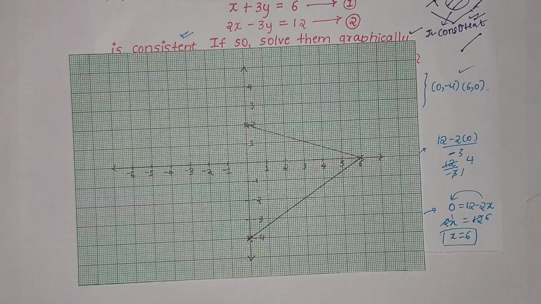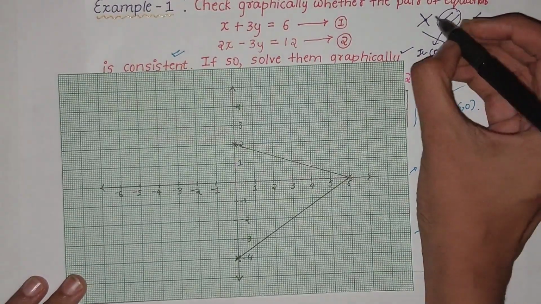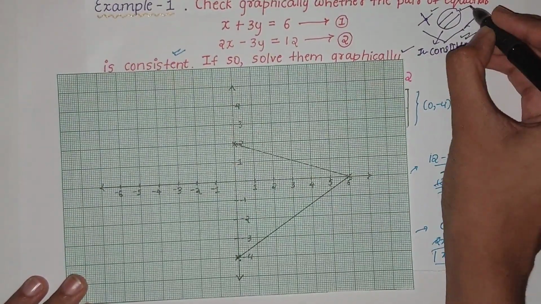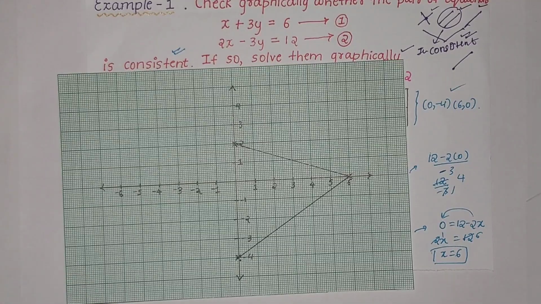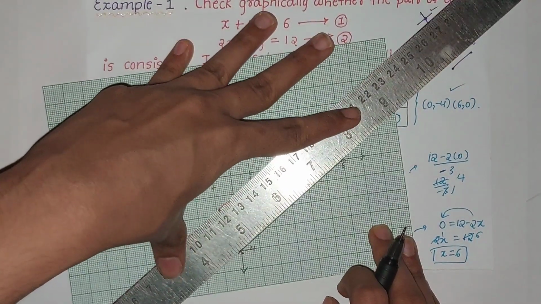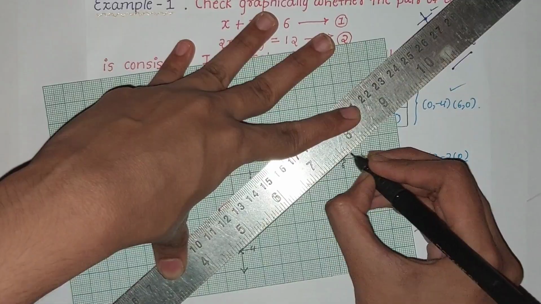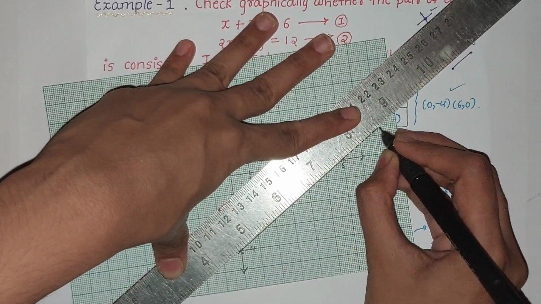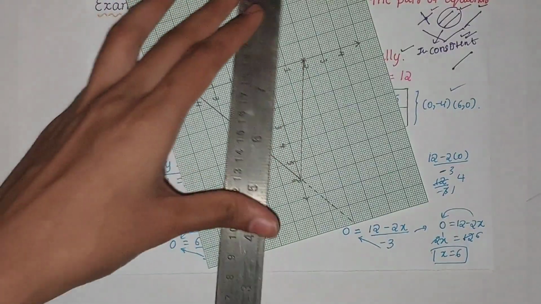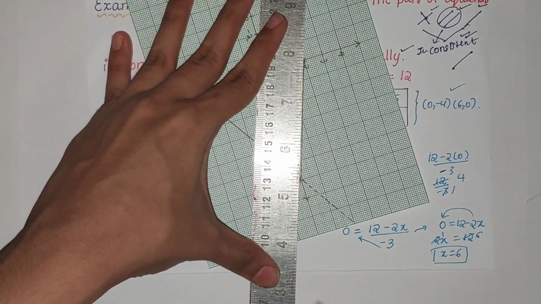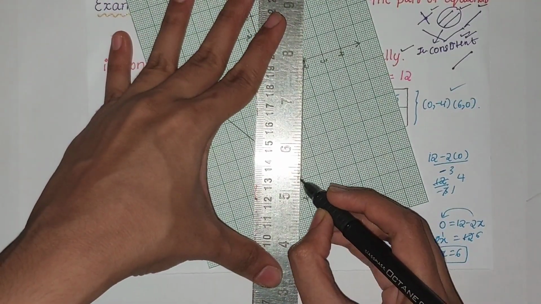But how will I identify it now? Because it is not looking like this, neither like this, nor like this. So how will I identify in such cases? You have to extend the lines. Just extend them. Because I'm extending it, I'm going to make dotted lines like this, and then take this and extend it by dotted lines.